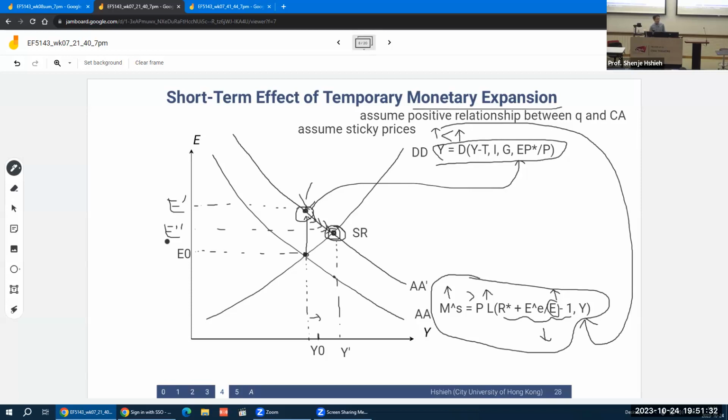Because having a higher E is going to boost exports, and that's going to feed back into income. That income is going to feed back into the money market and change E further, until all markets clear. So that's the logic here, and that's the difference between the analysis here versus the analysis up to week 5.